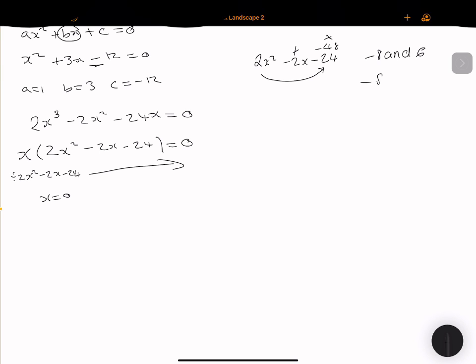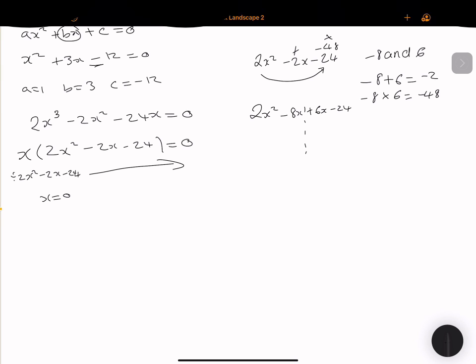Minus 8 plus 6 equals minus 2. Minus 8 times 6 equals minus 48. Okay. So then we put that into the equation. So which way around are we going to go? We're going to go minus 8x here, plus 6x there, minus 24. And we're going to split it up.